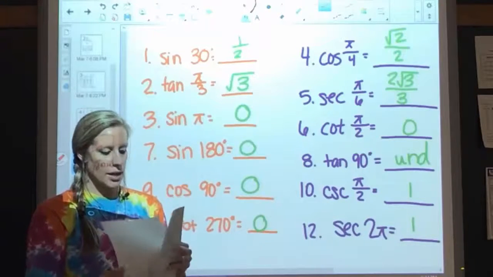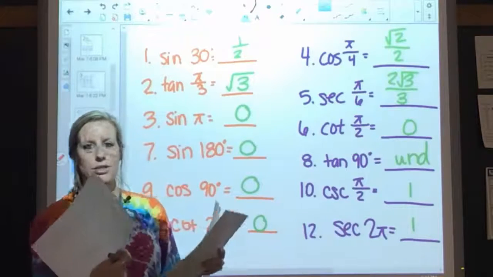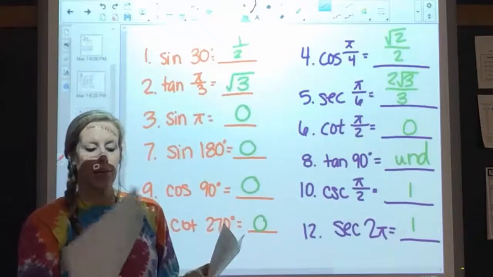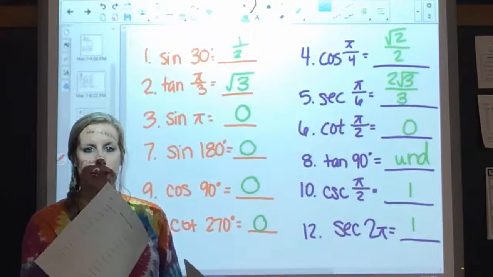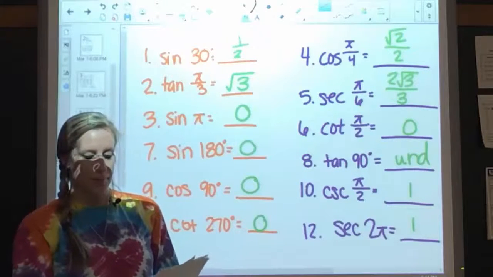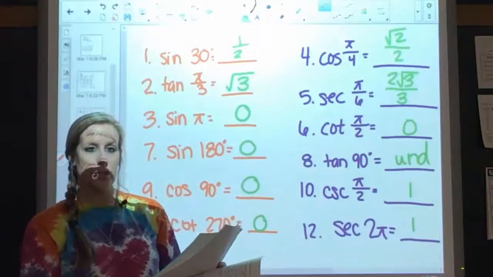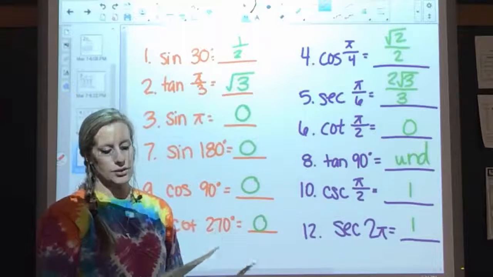So odds only, there is an extra practice paper. What I'm going to do is, you don't have to do the extra practice, but I'm going to put the answers on the calendar. So if you do want extra practice, or if you want an extra kind of review for your quiz Friday, you have some problems that you can check the answers with.